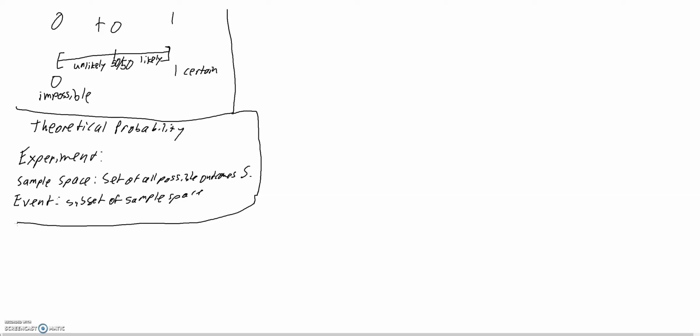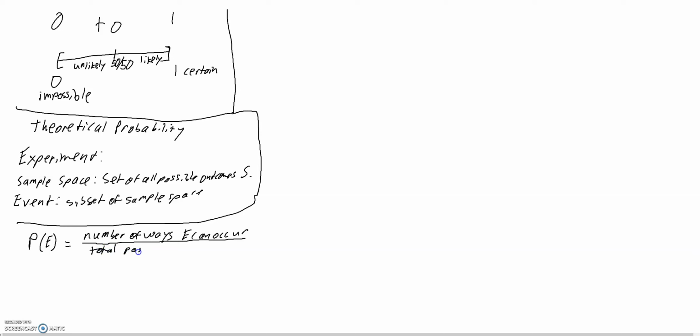Now, the equation that we're going to use throughout, and this is one of the key formulas, is that the probability of some event E is found to be the number of ways E can occur over our total number of possibilities.